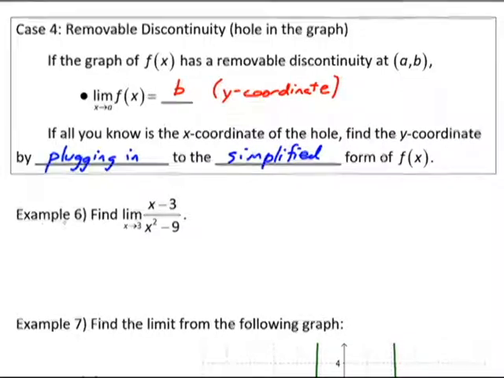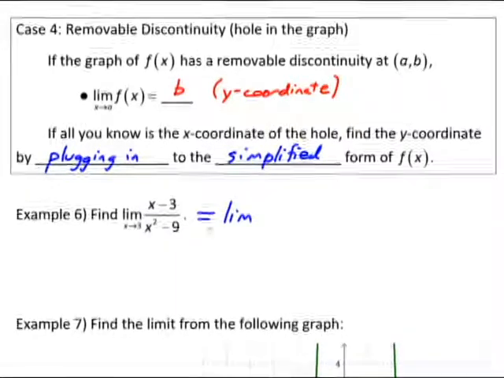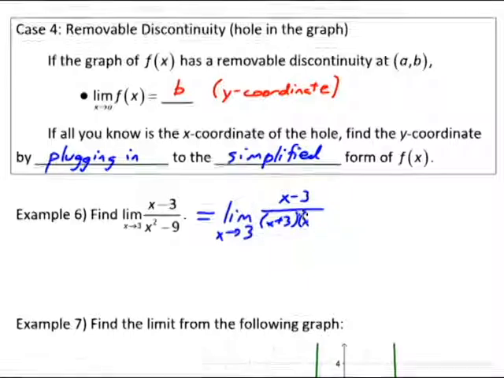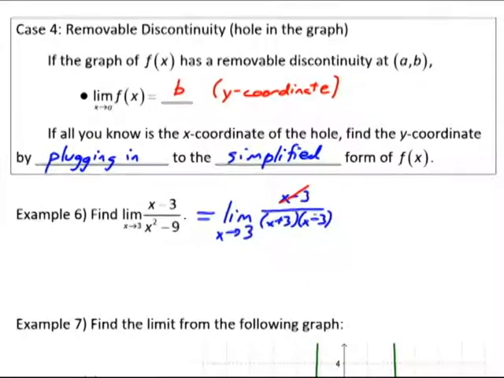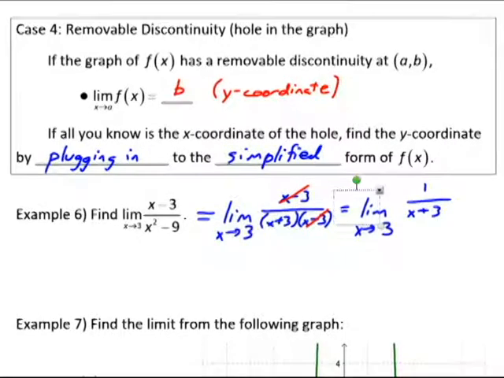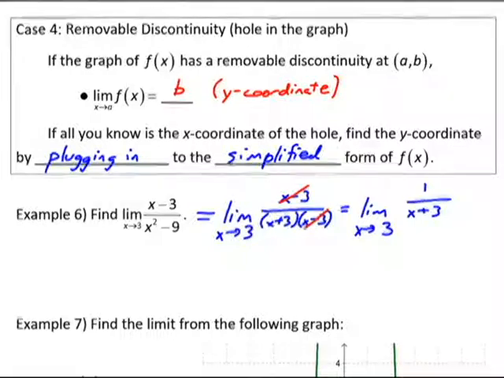In example 6, just like when we graph rational functions, our first step is to simplify. Notice I have to repeat the limit notation. So do you. We canceled x minus 3.